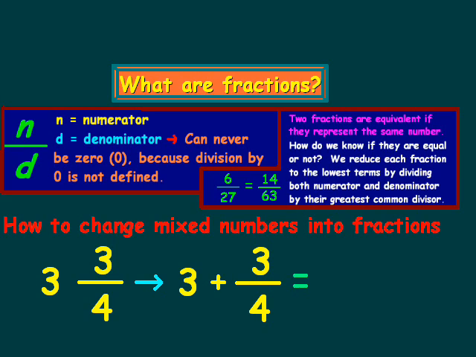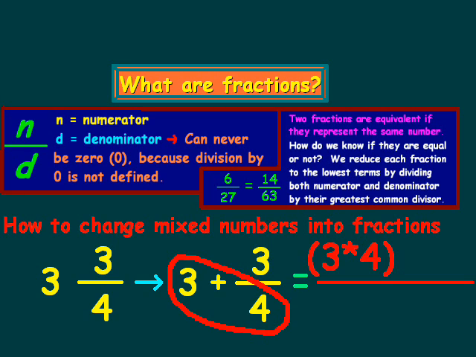With the 3 number, we're going to put it up top. We're going to take the 3 and multiply it times 4, because 3 written as a whole number would be considered 3 times 4, which is 12. Then we're going to add 3 to that, and we're going to keep our bottom number the same because we want to know how many fourths we have.